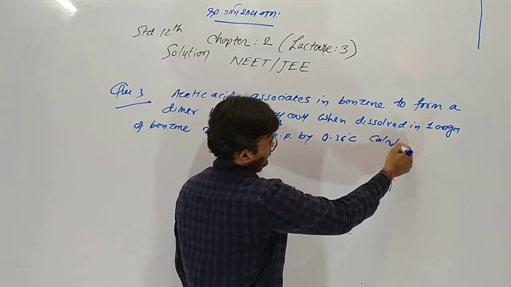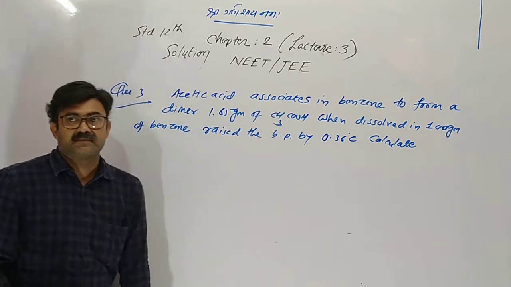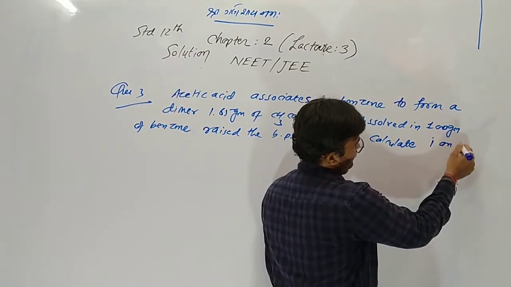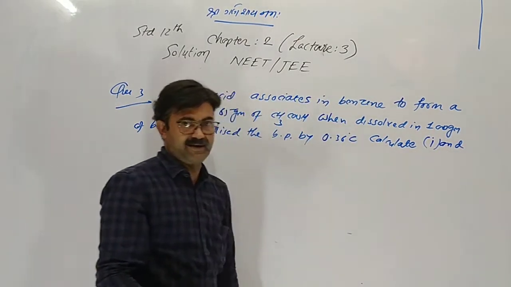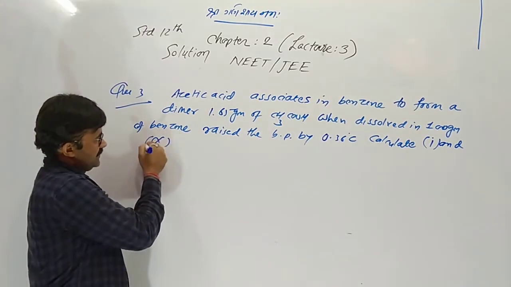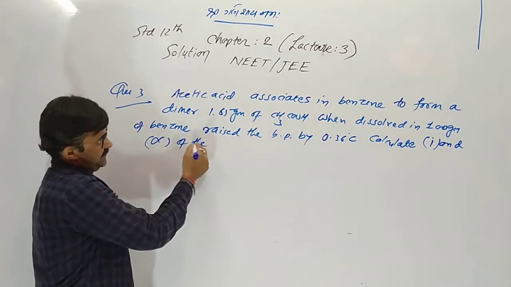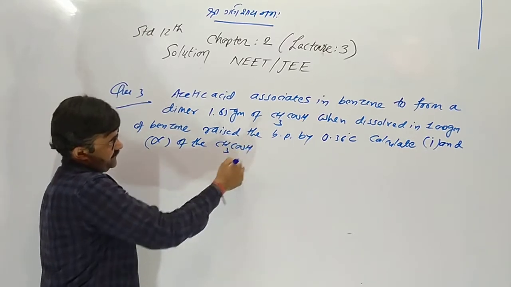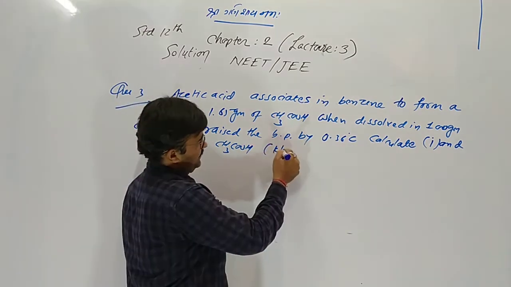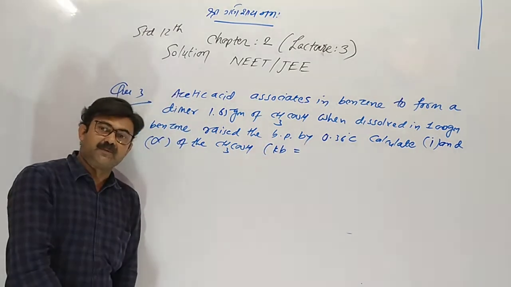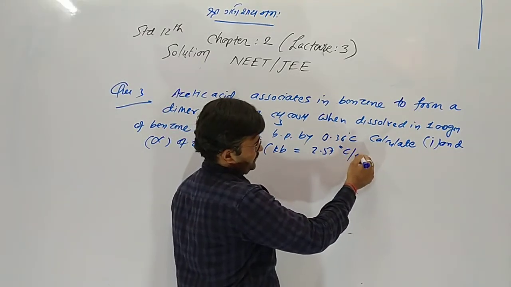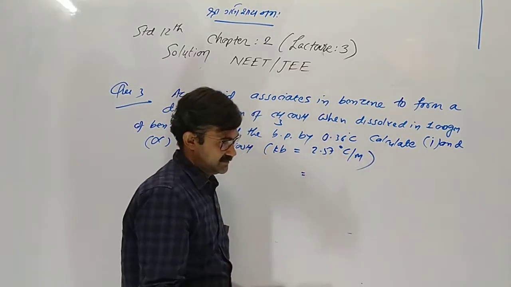Calculate the van't Hoff factor i and the degree of association alpha of the acetic acid. Here Kb for benzene is given, 2.57 degree Celsius per molality. Is this one new?